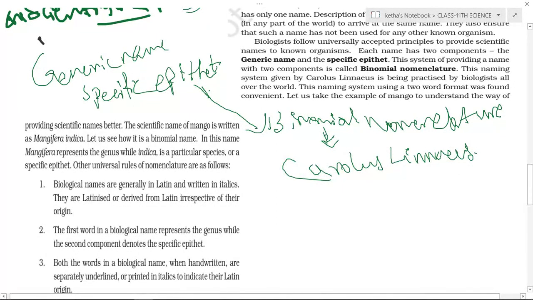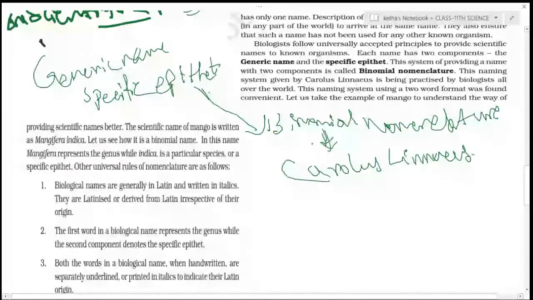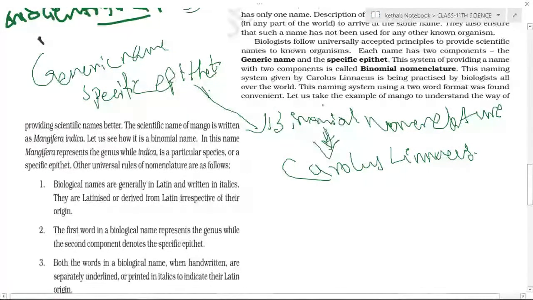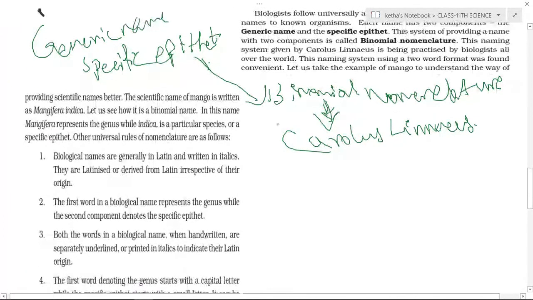This naming system using a two-word format was found convenient for understanding the organisms.